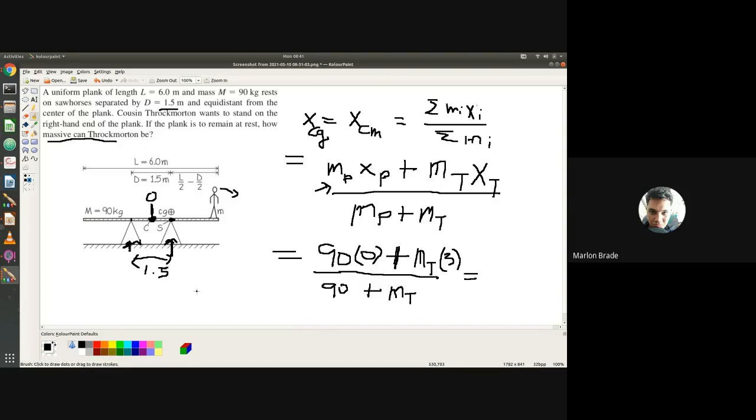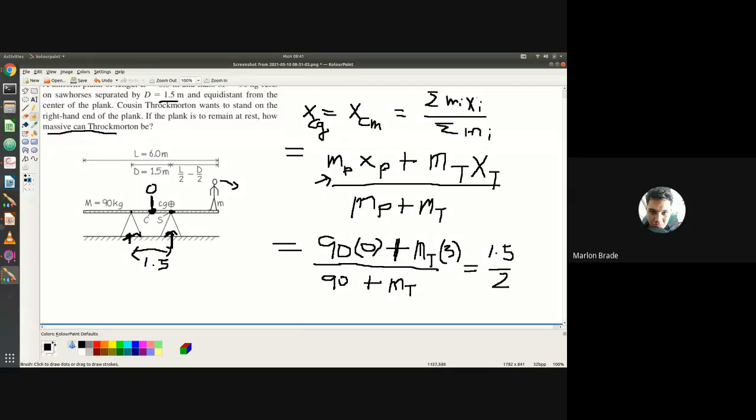So unsa kalayo ang origin padulong sa location sa center of gravity? 4.5? Pila? 4.5. Kan sir, 1.5 divide 2 sir. So 1.5 divide 2. So this is actually 1.5 divide 2.